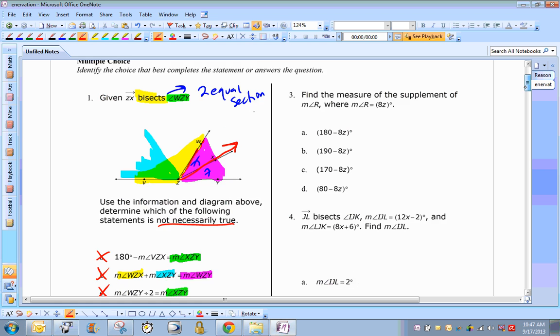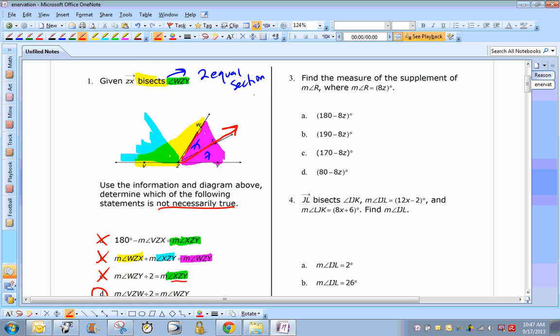Okay, moving on. Find the measure of the supplement. Every time you see this word, you should think equals 180 degrees. So they're going to tell us we have angle R, which is 8Z, and some other angle out there is going to add up with this one to get us 180 degrees. So 8Z plus whatever angle is out there should give 180 because they're supplementary.